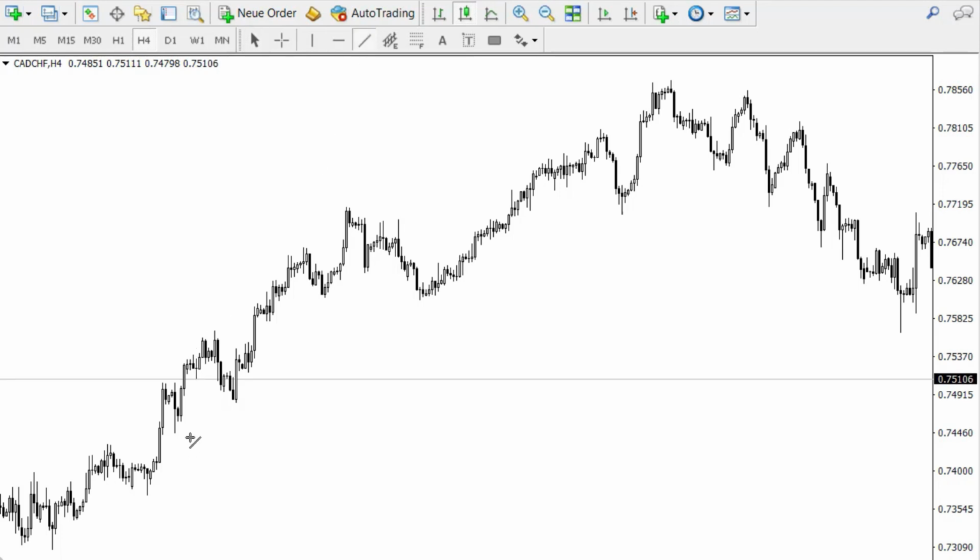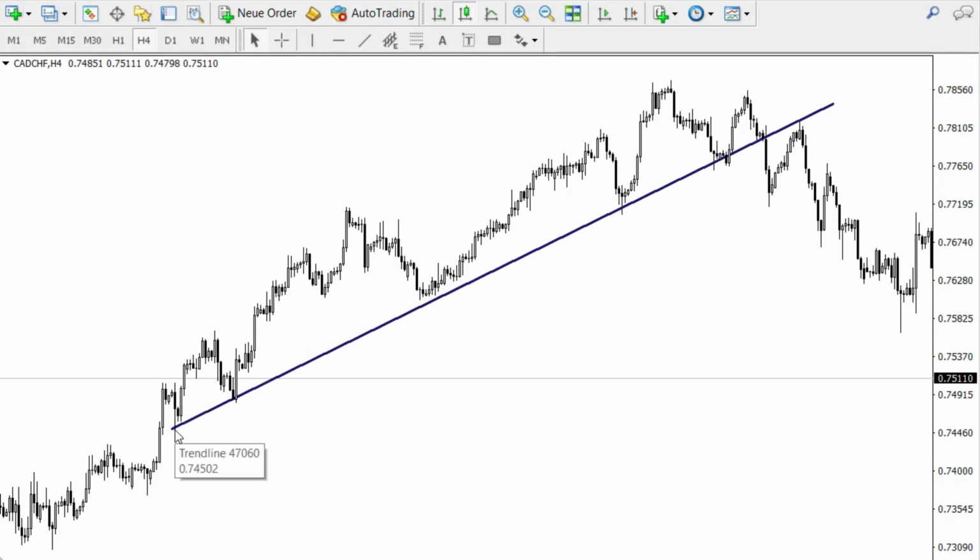We have used it already to make sense of swing highs and lows. And a trend line is, for example, in an uptrending market, you look for at least 2 swing lows, you connect them, and then you try to find more connection points. So you can see that when we just extend this trend line, it seems to be quite nicely explaining the market.